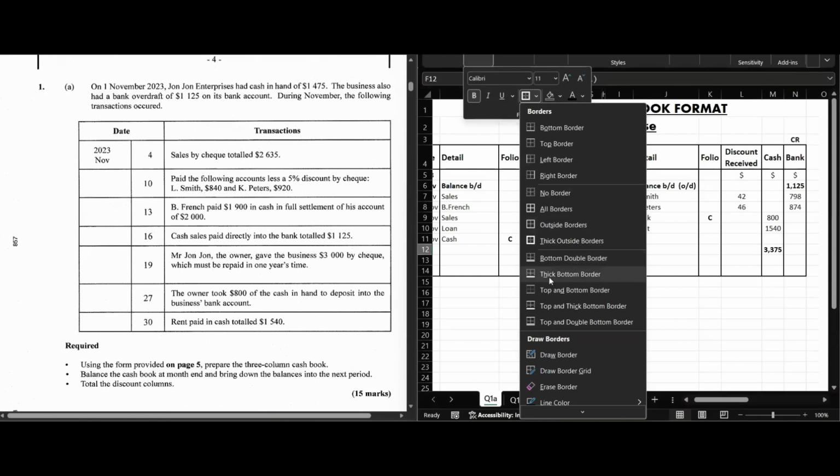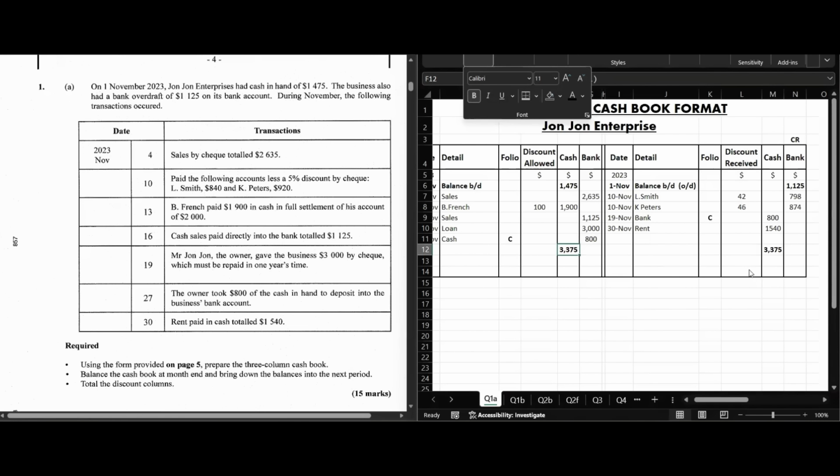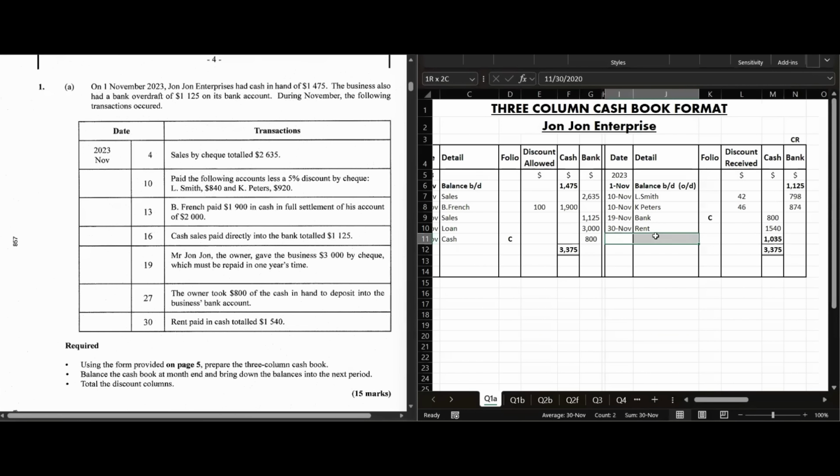The missing value that will now bring us up to the 3375 on the credit side will be a total of $1,035, and this will be our balance carried down for our cash account, guys. There we go. Great. Now let's work our bank column now, guys.